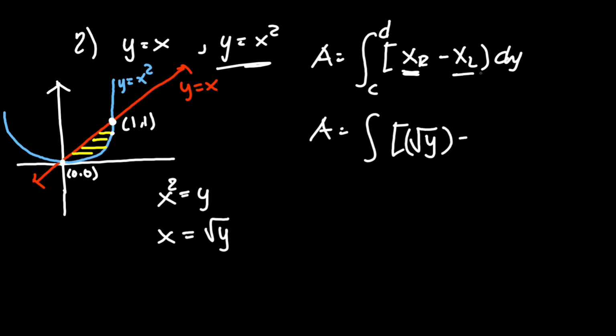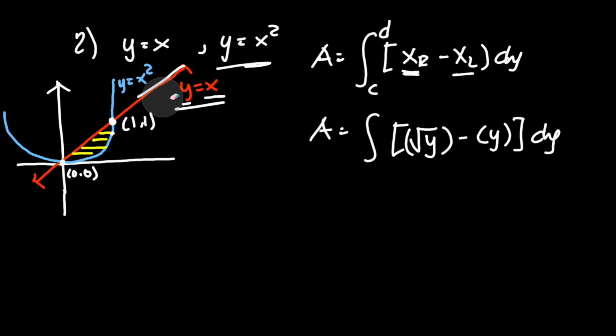So the value of this would be square root of y minus x left right here, which would be this red line, which corresponds to y equals x. Since it is already in x form, the value of this is simply just y. So in order to find the upper and lower limit, since this is a horizontal element, we will talk in terms of y value.